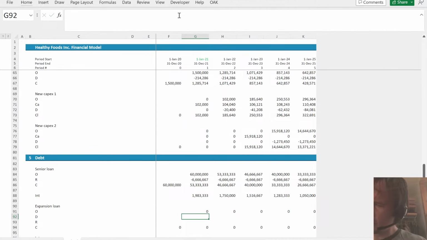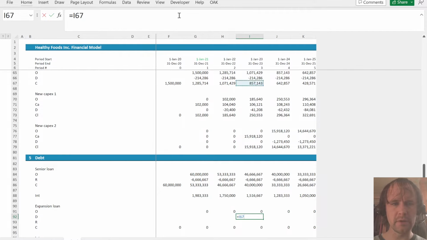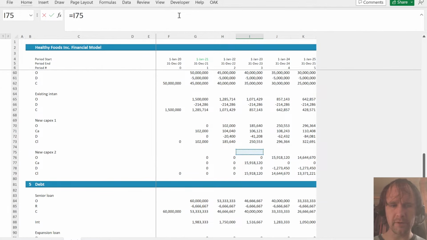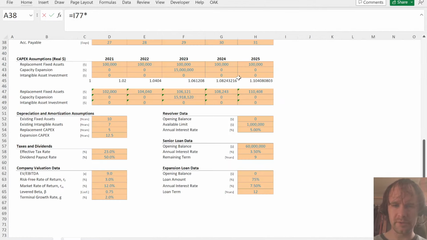Okay, so the bank will provide 75% of the expansion capex drawn on the last day in 23. Okay, so again, I should make this flexible, but I'm not going to. Expansion capex is here times 75%.